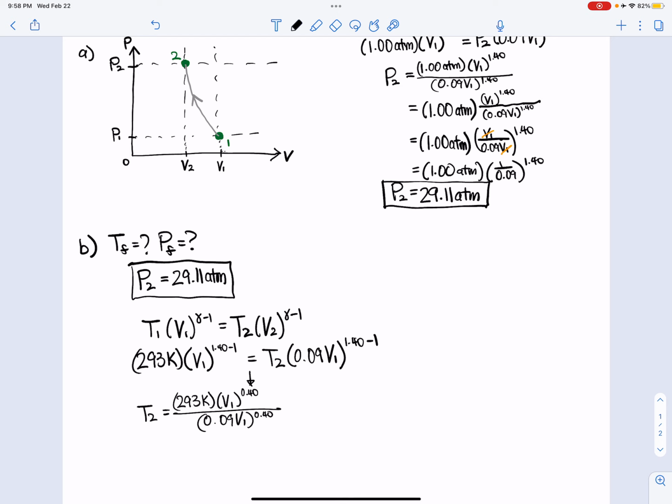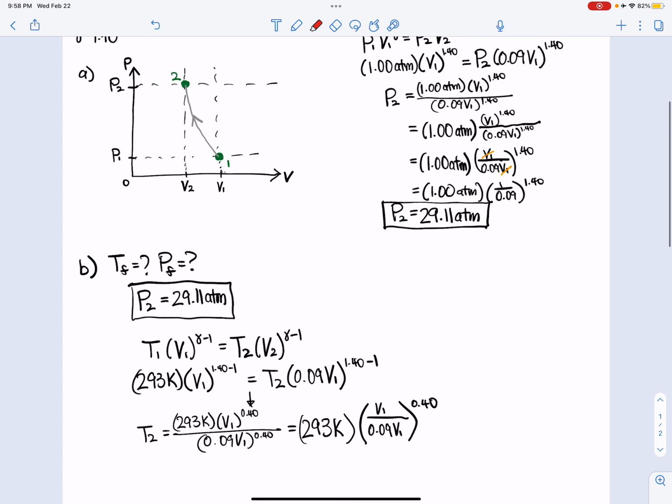Again, that's 1.4 minus 1, this exponent. All right, that will be the same as saying 293 Kelvin multiplied by V1 over 0.09 V1 to the power of 0.40, right? Same thing we did up here, because they have the same power. We just write them like that.